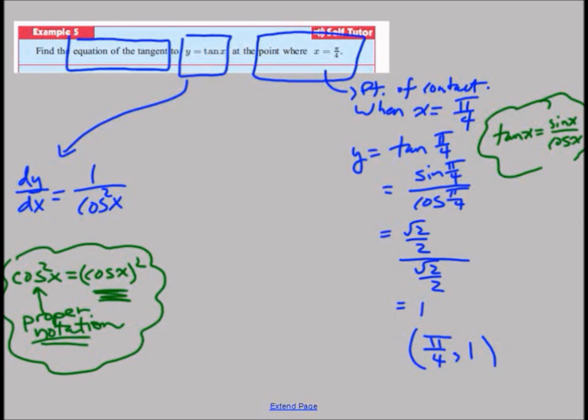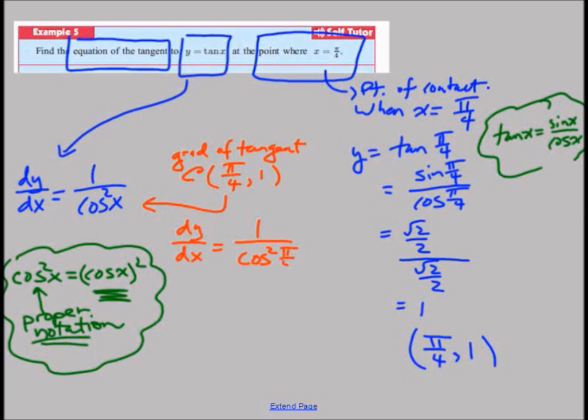So now we need to determine the gradient of the tangent at pi over 4, 1, which we can do by substituting this x-coordinate into here. So dy dx equals 1 over cos squared pi over 4, which is the same thing as 1 over cos pi over 4 squared.